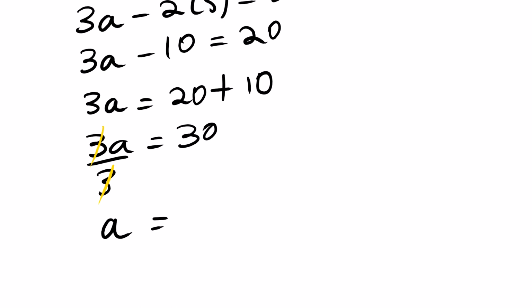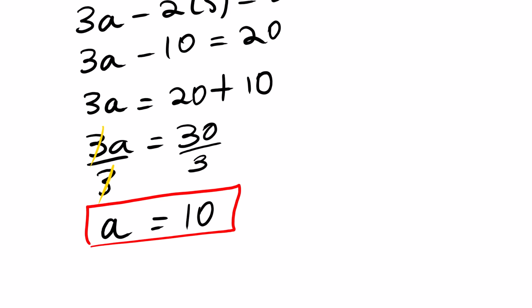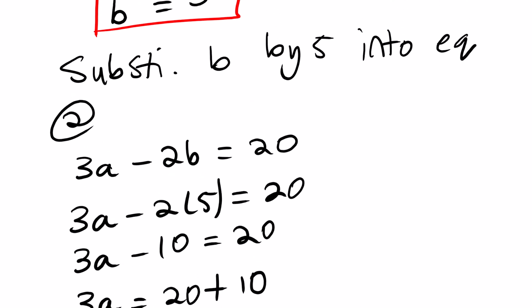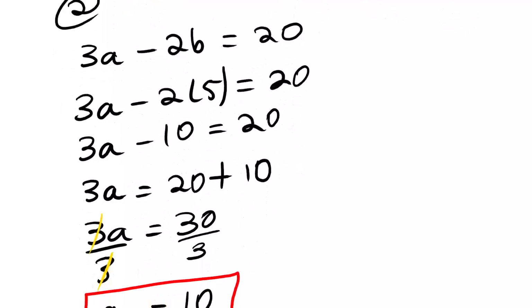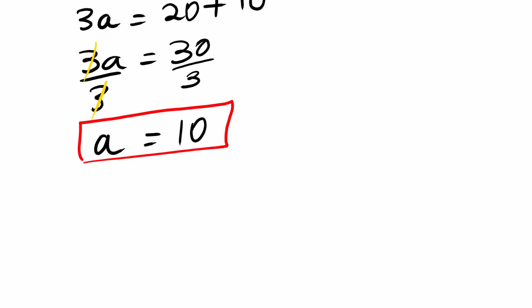Divide by 3. So we have 30 divided by 3. Then our answer should give us 10. This is our second solution. Be careful when it comes to mathematical operations. As you can see, I also made a mistake, but you should be able to check whether your answers are correct and be able to verify your answers.